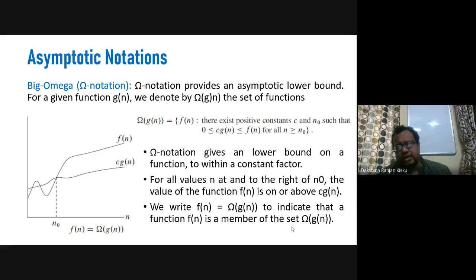Now, if we consider a function f(n) where f(n) is found to be equal to big omega of g(n).